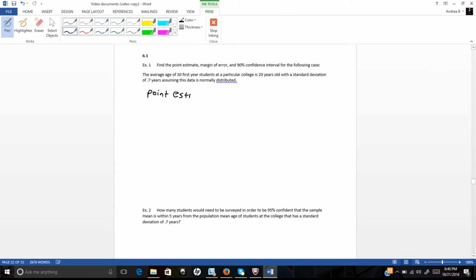So if we're estimating our mean, we're going to use the sample mean. Here, our sample mean, we symbolize as x bar, just like we've done before. And that's going to be equal to 20. So that's the average age of these 30 students. So our mean here is 20.